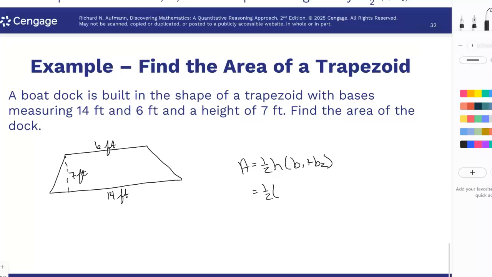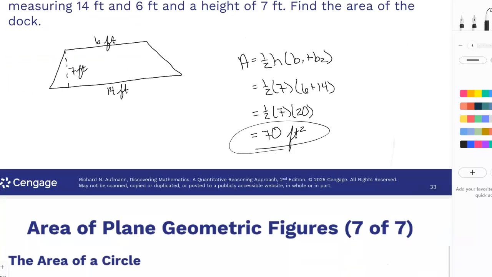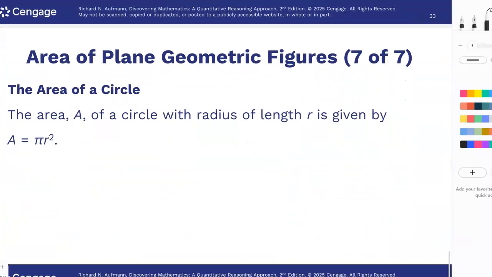So it's going to be 1/2 times 7 times base 1 plus base 2. And it does not matter which one I call base 1 and base 2, because 6 plus 14, if I do it the other way, it's going to be 14 plus 6, and they both add up to the same thing. So that's going to be 70. That's going to be in square feet again. Area is always in square units.